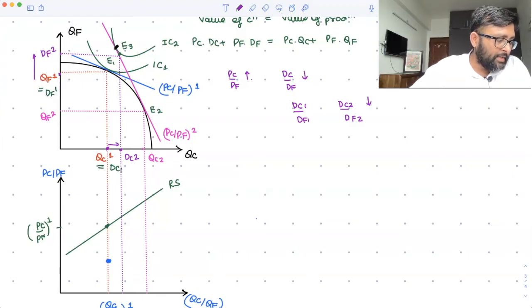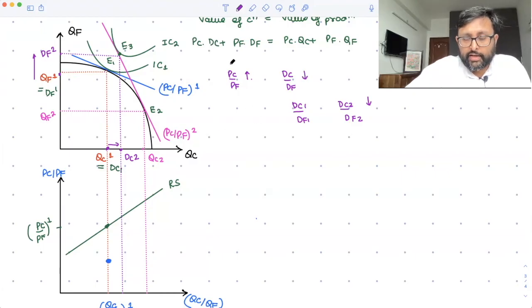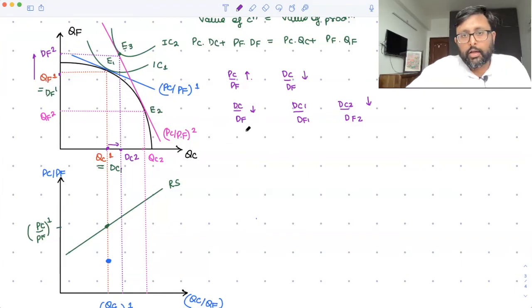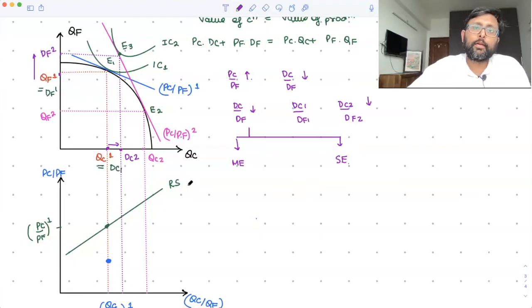So what has happened is, when the relative price of cloth has increased, relative consumption of cloth has decreased, right? Here there are two effects which are occurring simultaneously. One is the income effect, and the other one is the substitution effect.